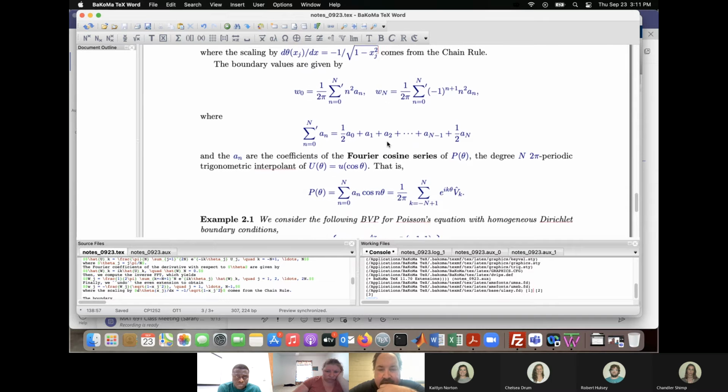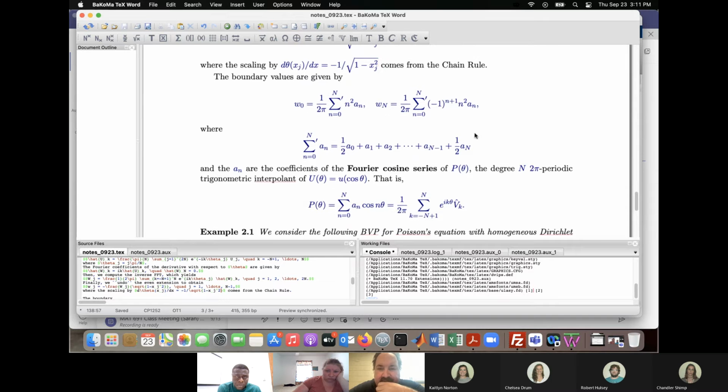Now, I should mention that this procedure for computing Chebyshev derivatives efficiently using a fast Fourier transform, I got from a book by, actually he's my academic brother, Nick Trefethen, who's a professor at Oxford, one of the most famous numerical analysis people in the world. He wrote a book on spectral methods in Matlab, where this is described.